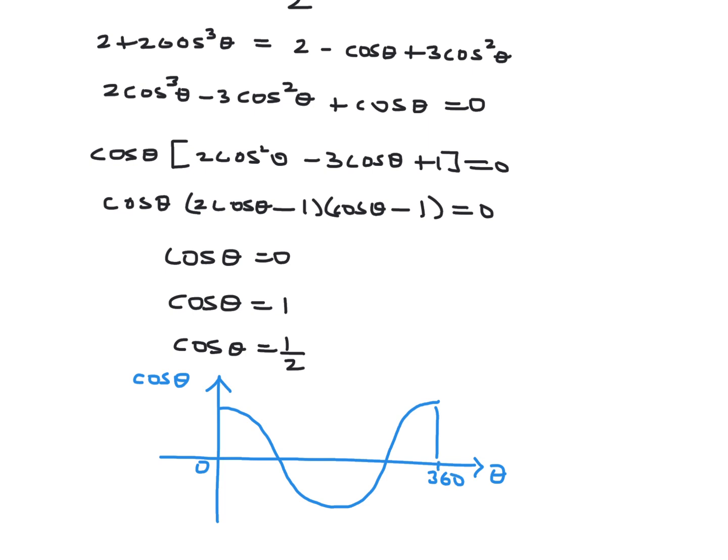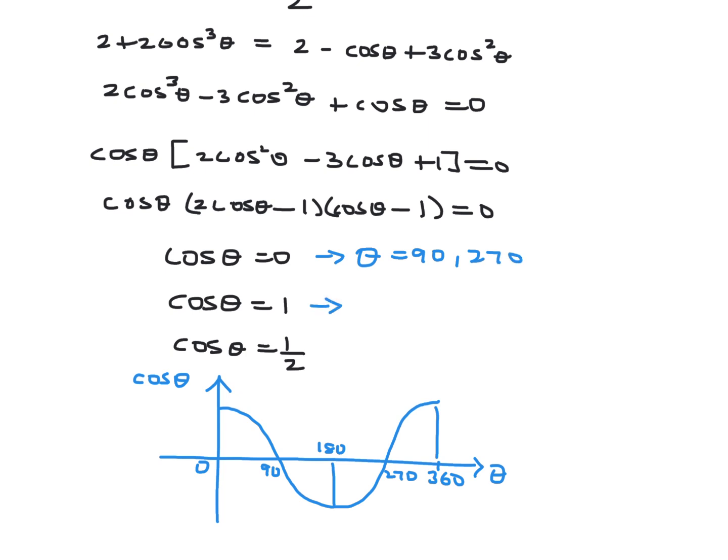Okay, so this was 0, this I believe was 90, this point is 180, this here is 270, like that. Okay, so when cos theta is 0, that means that theta is 90 or 270. Yeah, so that means theta is 90 or 270.